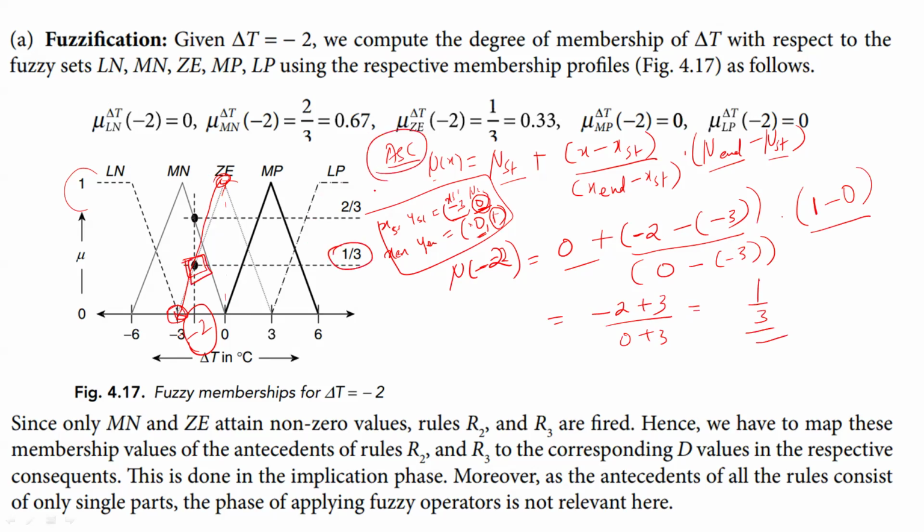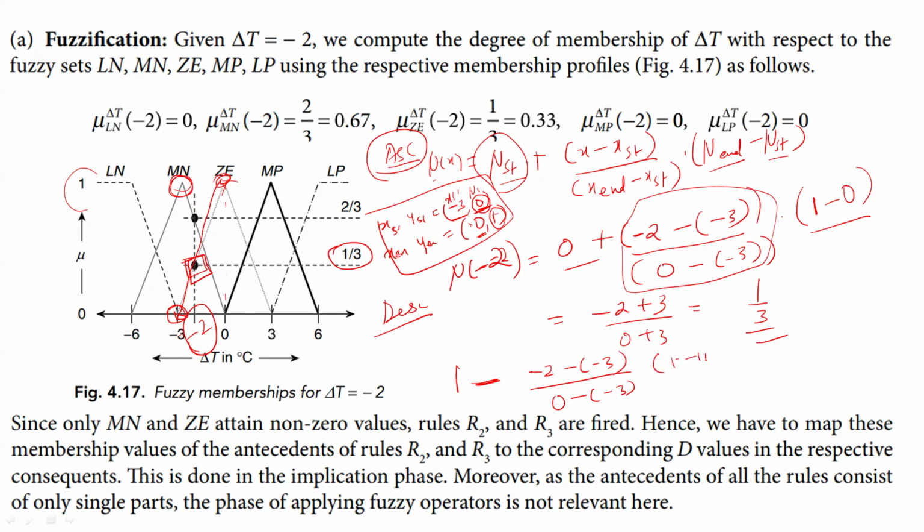So that is how you got this point as 1 by 3. Similarly, you can find it for the descending slope. Apply the formula to the descending slope, and you can see that the first part will be subtracted. So you'll have a mu start here. In the descending slope, the mu start is over here, right? So you have 1 minus, and this same thing will be there. In the descending slope, you have 1 minus minus 2 minus minus 3, divided by 0 minus minus 3, into 1 minus 0.